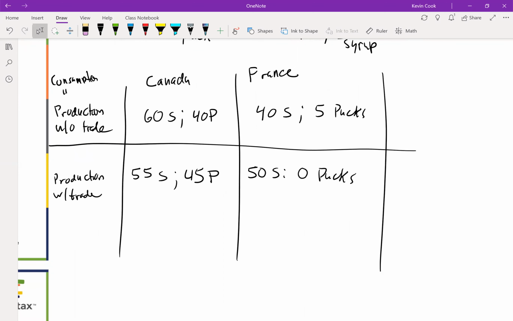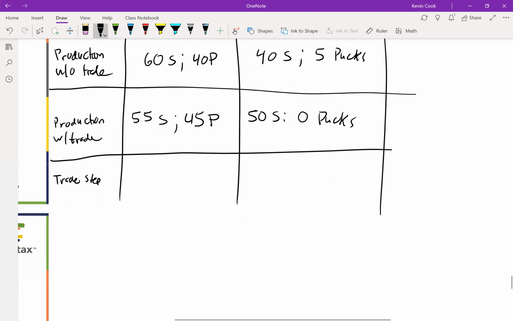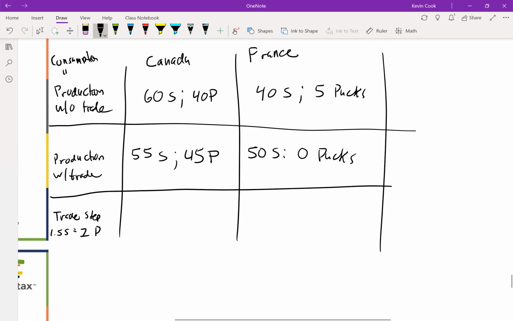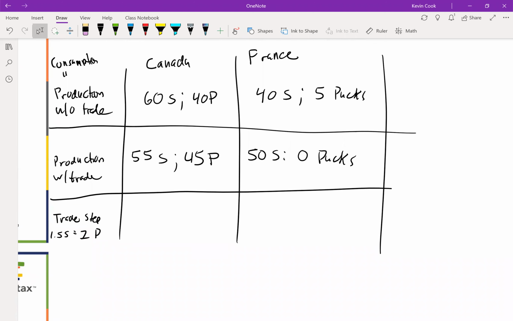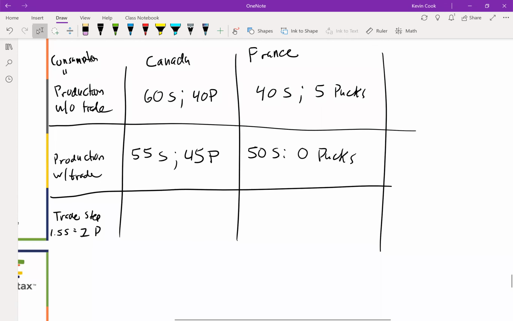Oh well. So we have our production with trade, but then we're going to have a trade step, which we said when we trade, we're going to be trading 1.5 syrup per 1 puck. So I want France to come out with 5 pucks.